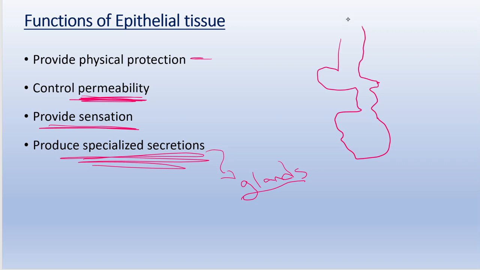For instance, throughout your esophagus and intestines, the internal lining is covered by epithelial tissue, but it needs to be a very moist area so that it can help pass down the food easily. And so this epithelial tissue secretes a type of mucus. Mucus is a secretion produced by epithelial tissue throughout your digestive tract.